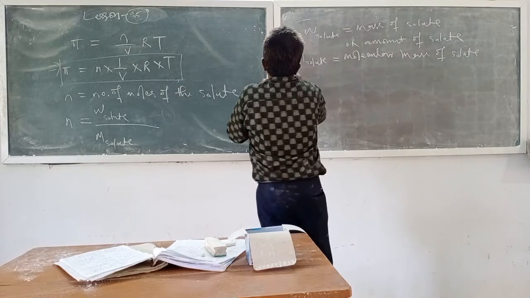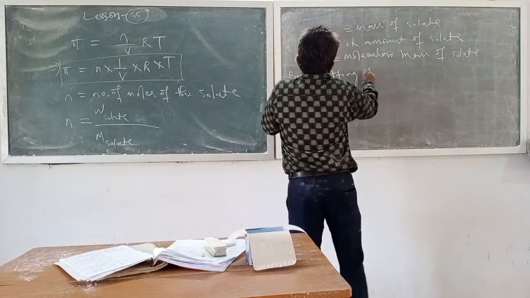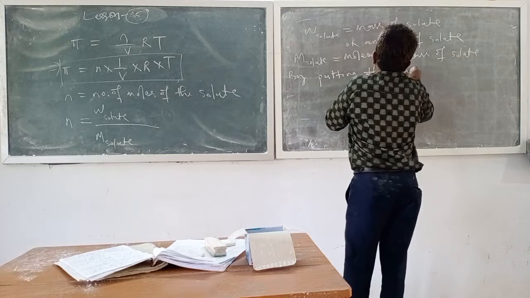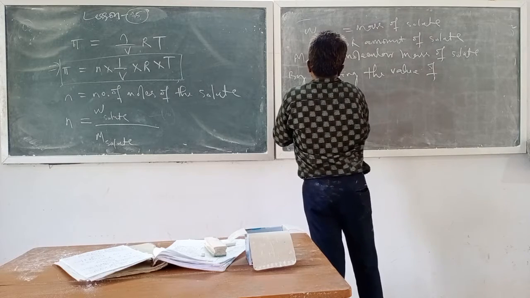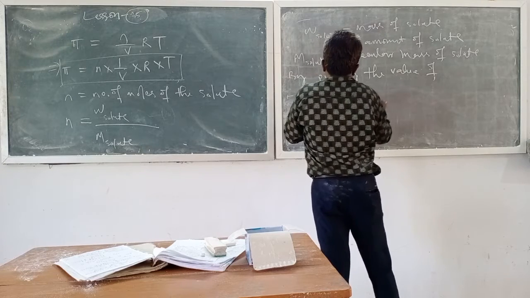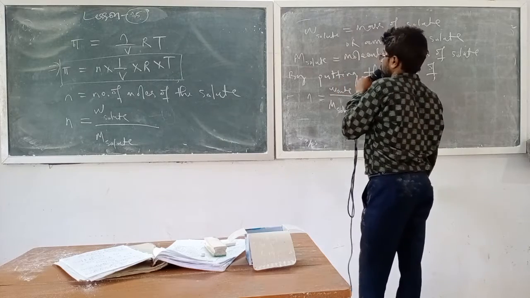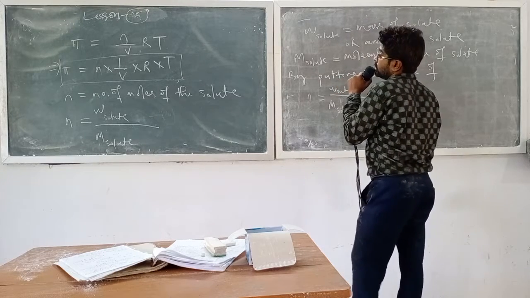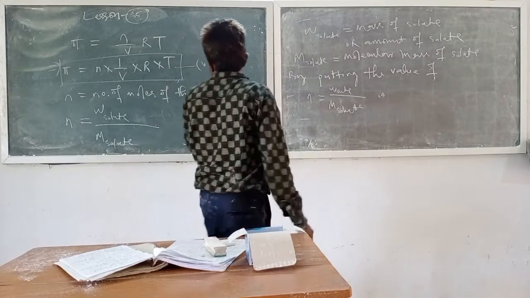So by putting the value of N equals W solute by M solute in, suppose, this is equation B.